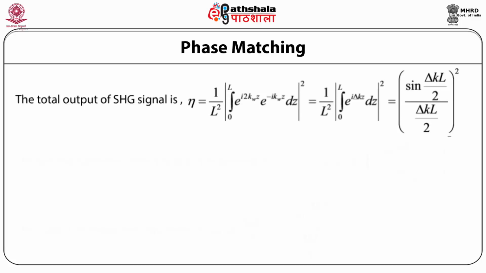So, we could think of the SHG signal as a perturbation, and the lights of two frequencies should be added and should not cancel each other.